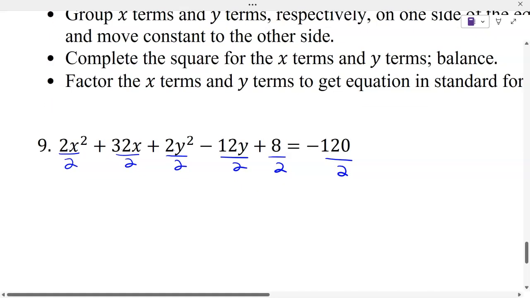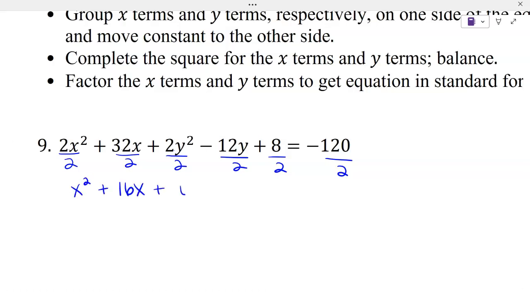So if we divide everything by 2, I get x squared plus 16x plus y squared minus 6y plus 4 equals minus 60. So now, remember, I wanted to get my x terms together and my y terms together, which they are nearby, but I want to move that constant to the other side. So I'm going to subtract 4 from both sides.